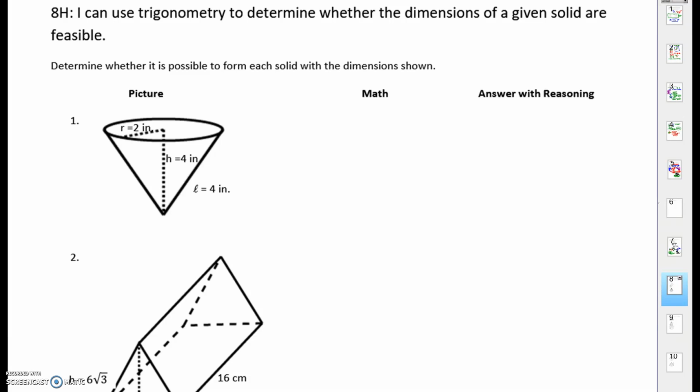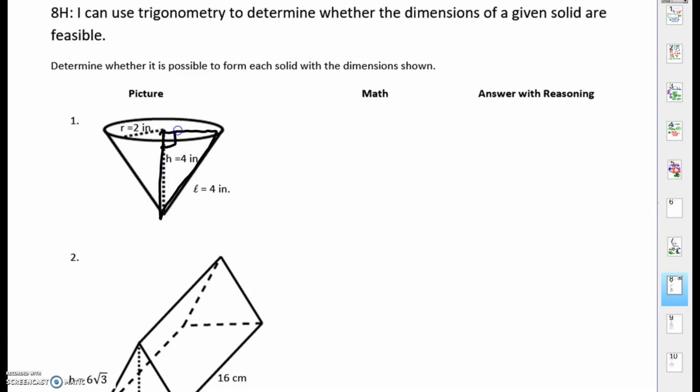All right, this first image is a cone, and it's a cone with a radius of 2 inches, a height of 4 inches, and a slant height of 4 inches. And our goal is to determine whether or not these dimensions are possible. So anytime I'm looking at something like this, I'm looking for every right triangle I can find in the picture. And by the way, I see a right triangle right here.